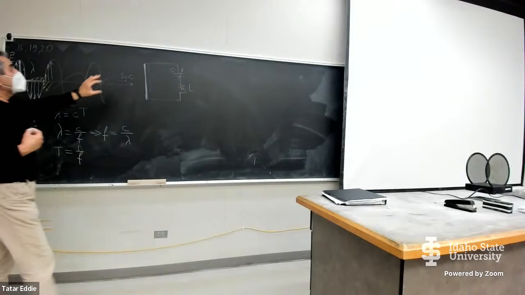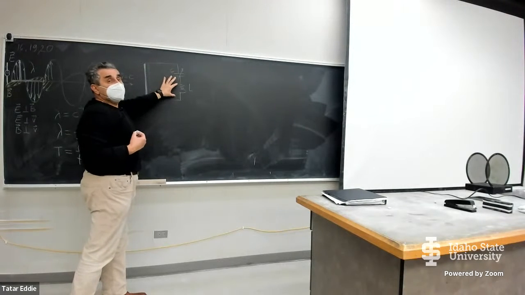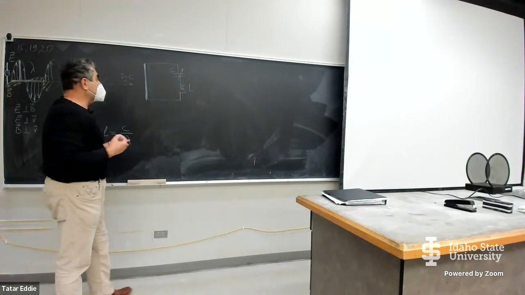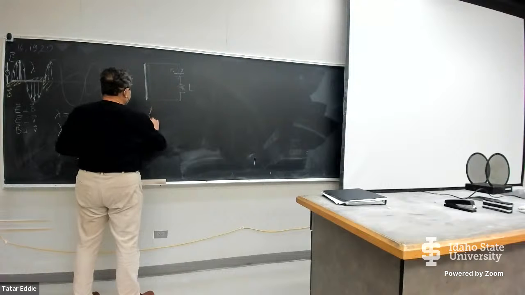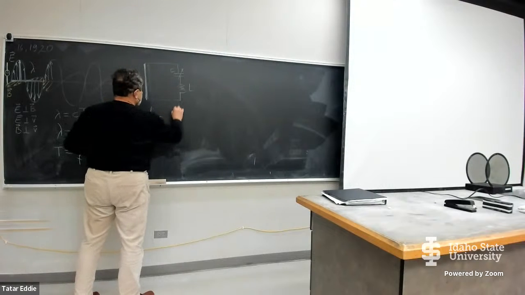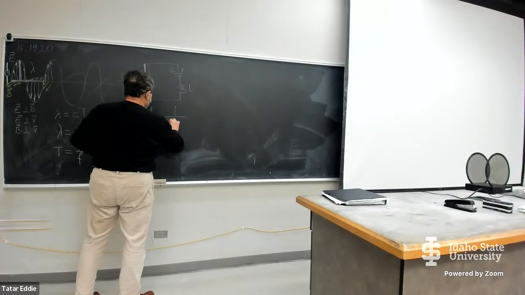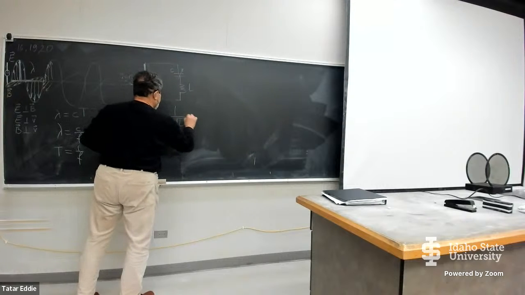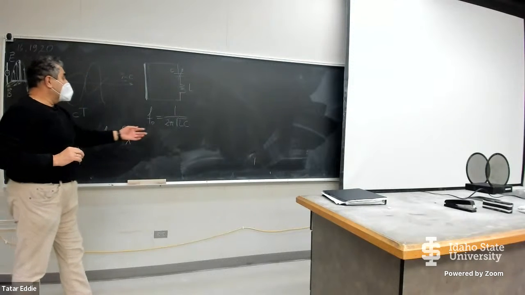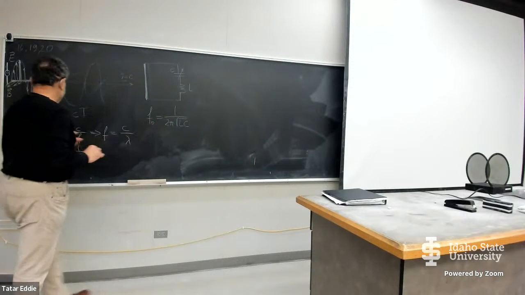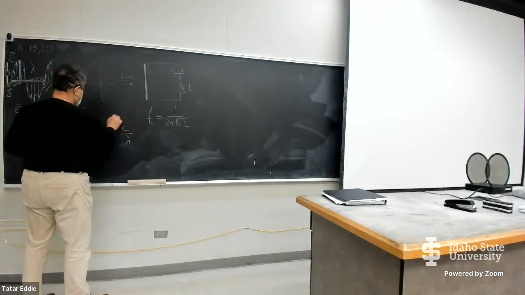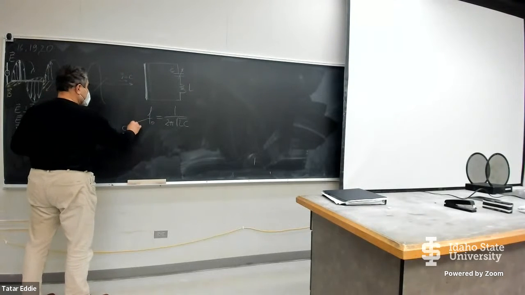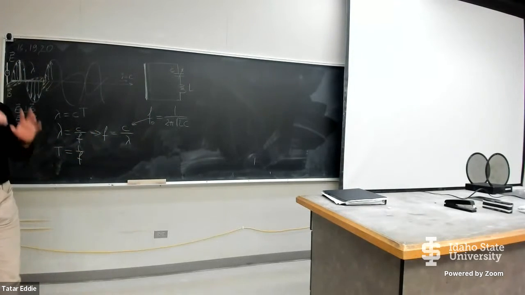So you want the capacitance and the inductance to be selected in such a way that the resonant frequency of this circuit, which is given by 1 divided by 2 pi times the square root of L multiplied by C, exactly matches the frequency of this electromagnetic wave.